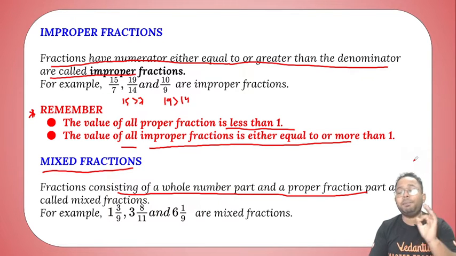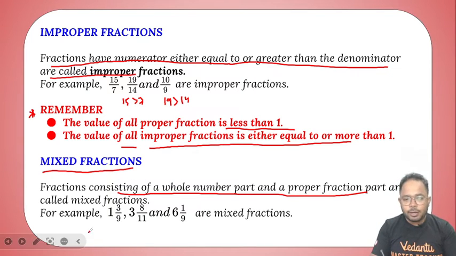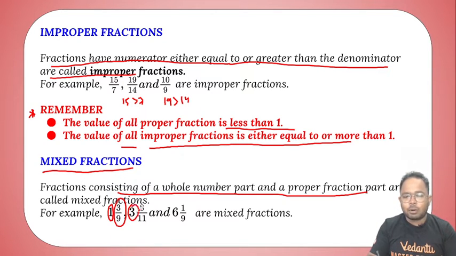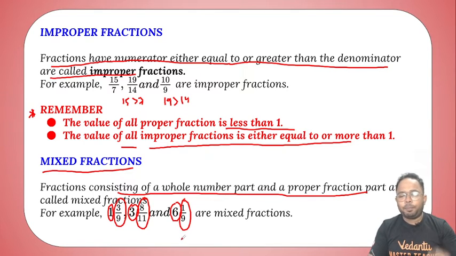Now, how are we showing the whole number and a proper fraction here? If you look at this part, this 1 you can see as a whole, and this 3 by 9 is your proper. Similarly, 3 is a whole, 8 by 11 is a proper. 6 is a whole, 1 by 9 is a proper.